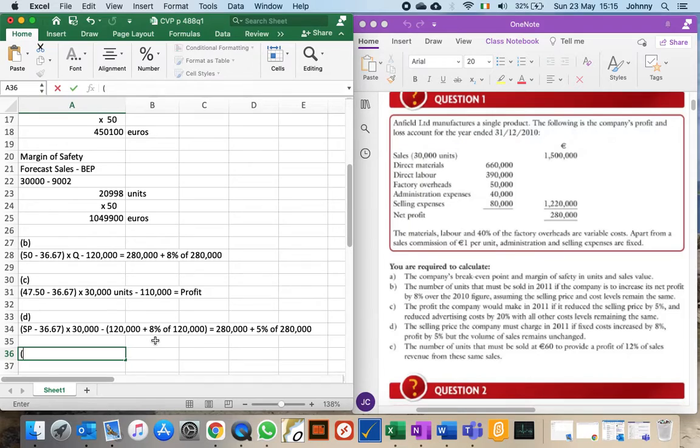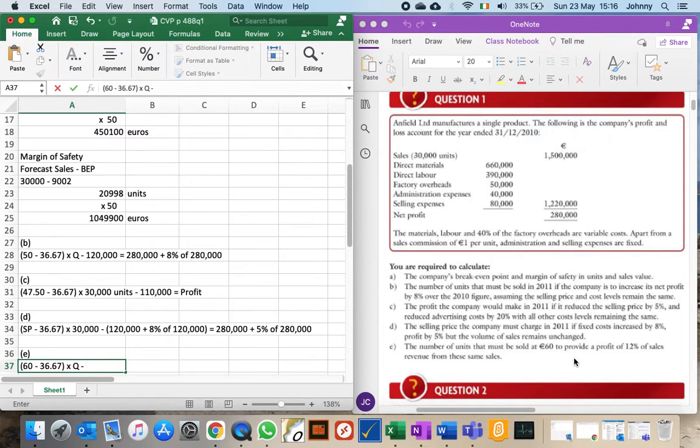Moving on to E. The number of units that must be sold. So Q is what I'm looking for here again. Sold at 60, so the selling price is 60, minus. Provided profit is 12% of sales revenue from these. No mention of variable cost changing, so still 36.67 times Q, minus.